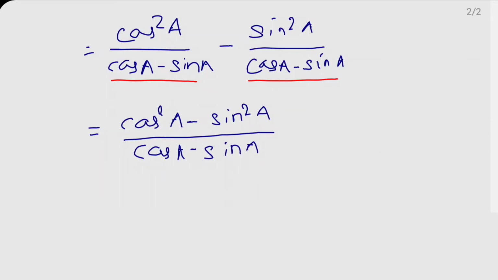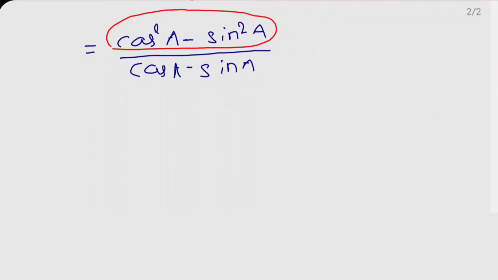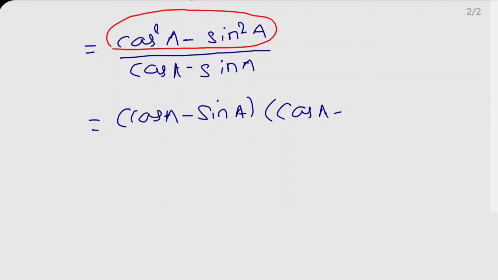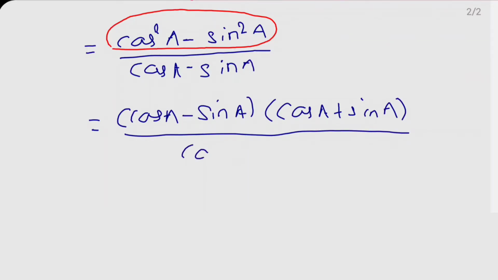So now it is in the form of A square minus B square. So this factors as A minus B, A plus B. So here we will get A minus B means cos A minus sin A, and cos A plus sin A, divided by cos A minus sin A as it is.